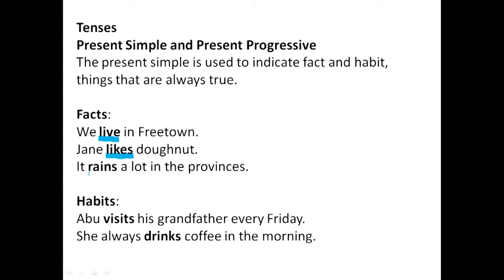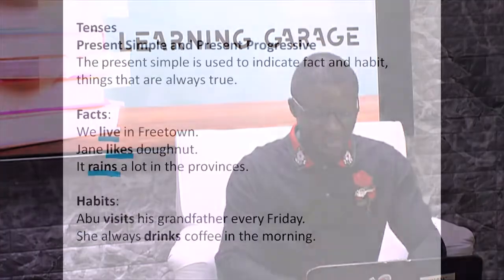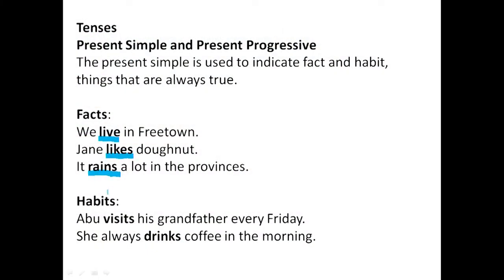It rains a lot in the provinces. Again, it's a fact that in the provinces, we have a very big array of vegetation. There, of course, the rains always come, and when they come, they come in large quantity.